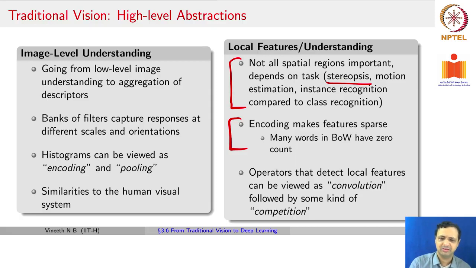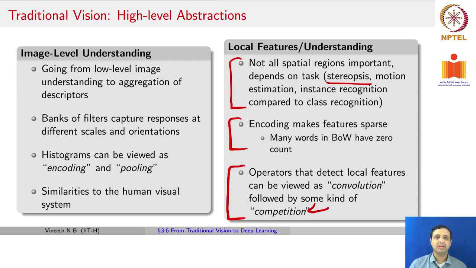An important takeaway here is that a lot of operators that detect local features, or even global representations of images for that matter, can be viewed as performing convolution to get some estimate of features, because to detect your key points, convolution is the key operation that you're relying on. And then that's followed by some kind of a competition.